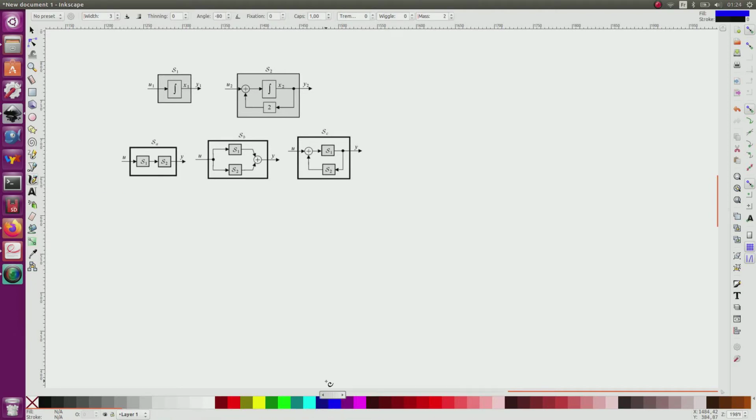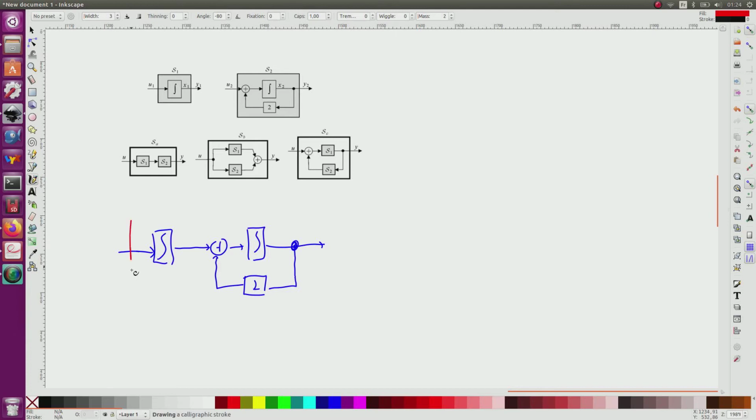So this is my two systems. For the first system SA, I put the integrator like this, S1, and then I have the integrator for S2, an adder here, a loop with 2, and this.